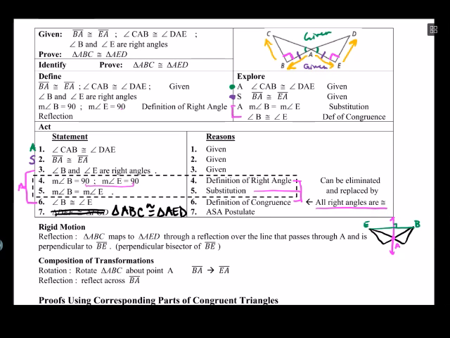So that would make our corresponding parts map onto each other. So that one's pretty obvious.